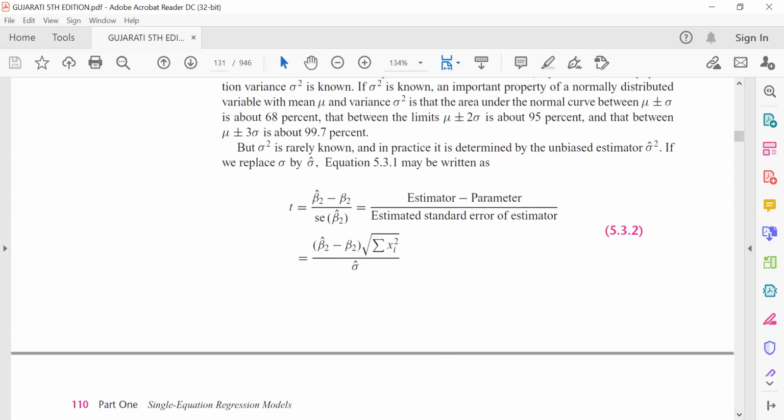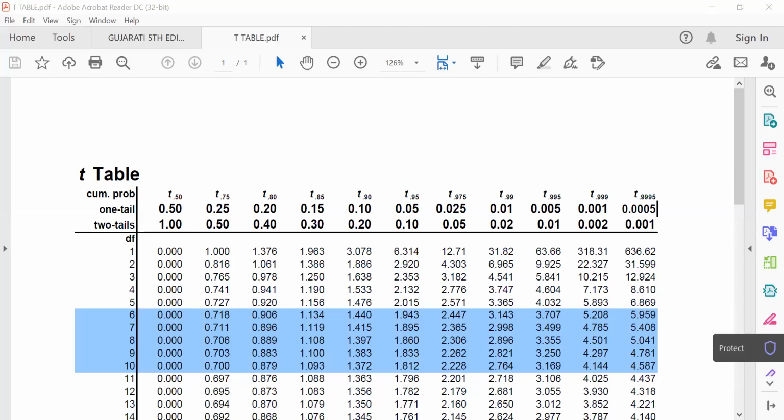Here I'll show you the t table. This is the t table.